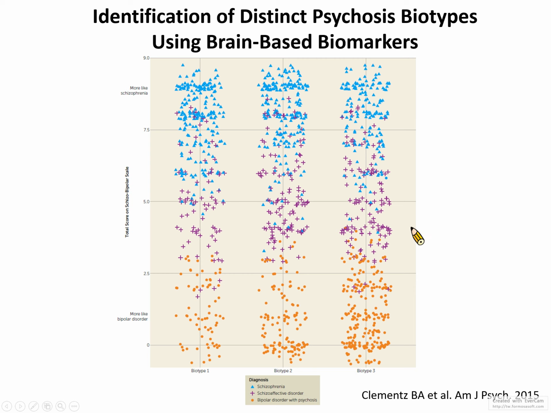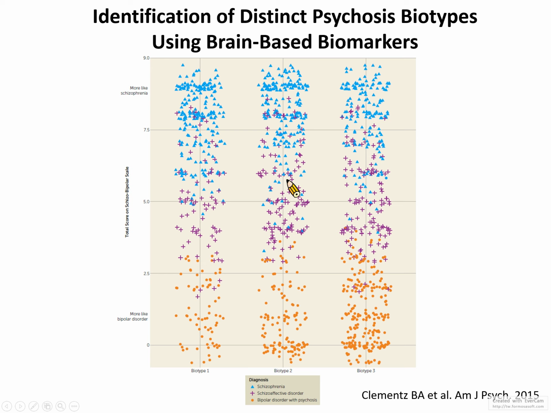In this paper, they select what they call brain-based biomarkers, the cognitive functions. It's not actually an imaging marker, neither imaging nor EEG markers or physiological markers. It's just cognitive measures. So it's reasonable that if you use the cognitive variables to classify the psychotic patients, you'll find 3 clusters.